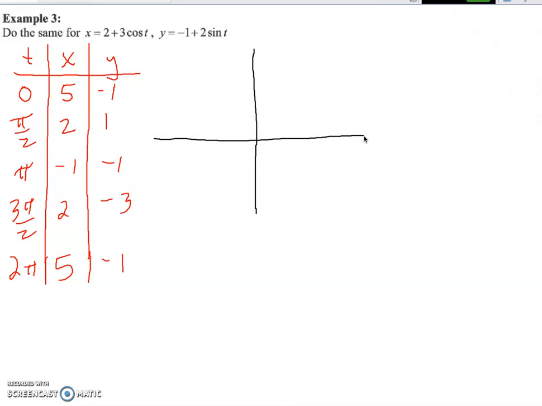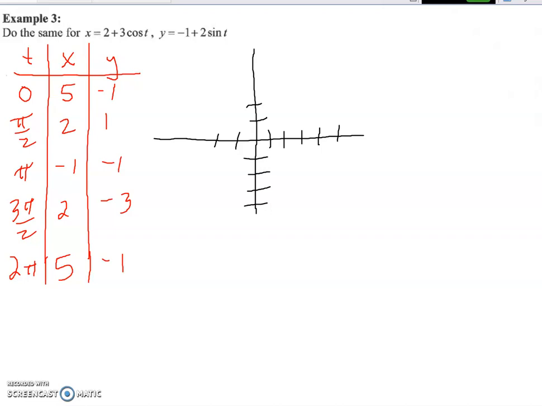Alright, on the x-axis, we're going from negative 1 to 5. On the y-axis, we're going from a positive 1 to a negative 3. Alright, so let's plot those points.